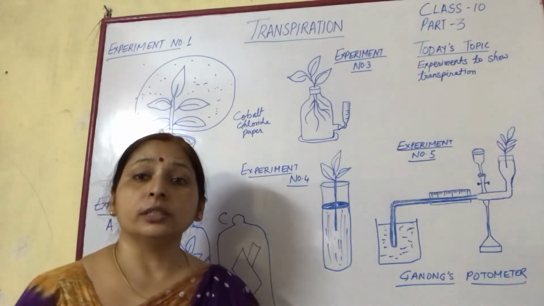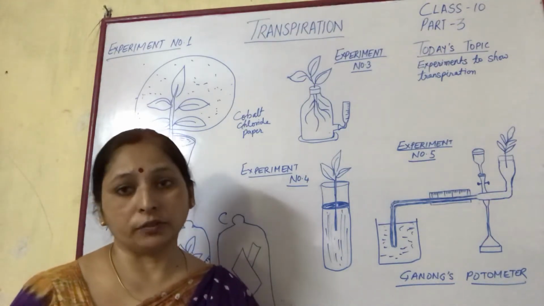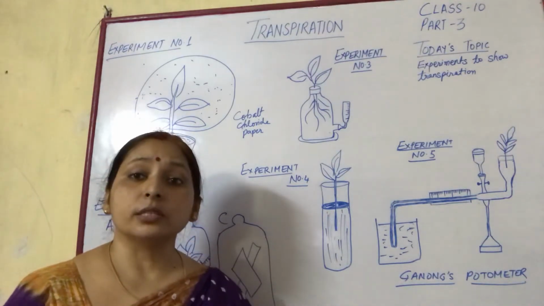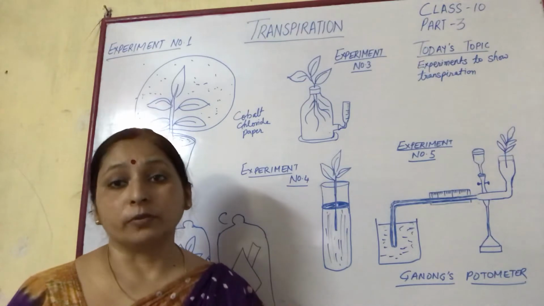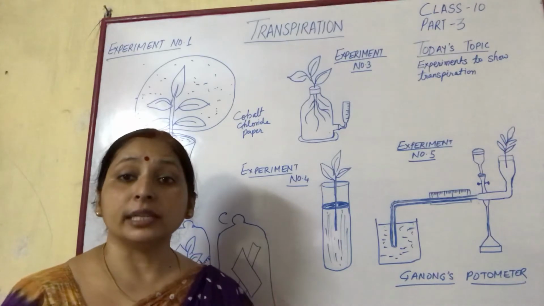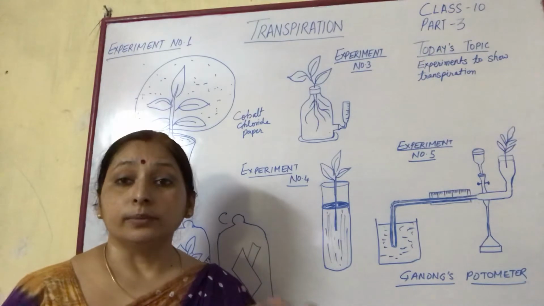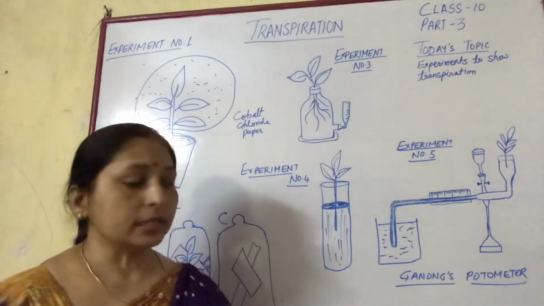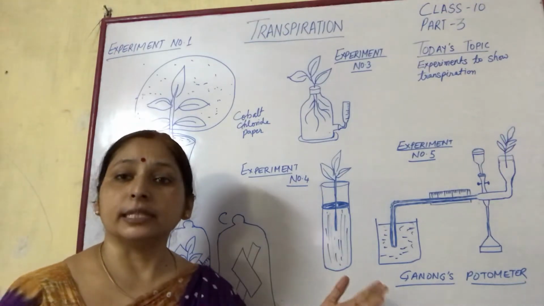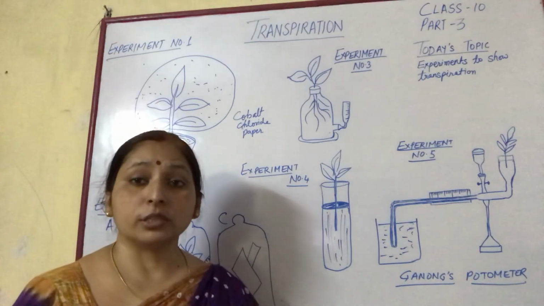Then the second question asked in various examinations is the definition of the process. Transpiration is the process in which water is lost from the aerial surfaces of the plant, the green leaves, green stem or woody stem, in the form of water vapor, and this loss of water is necessary to create a suction pull and to provide a cooling effect to the surfaces.